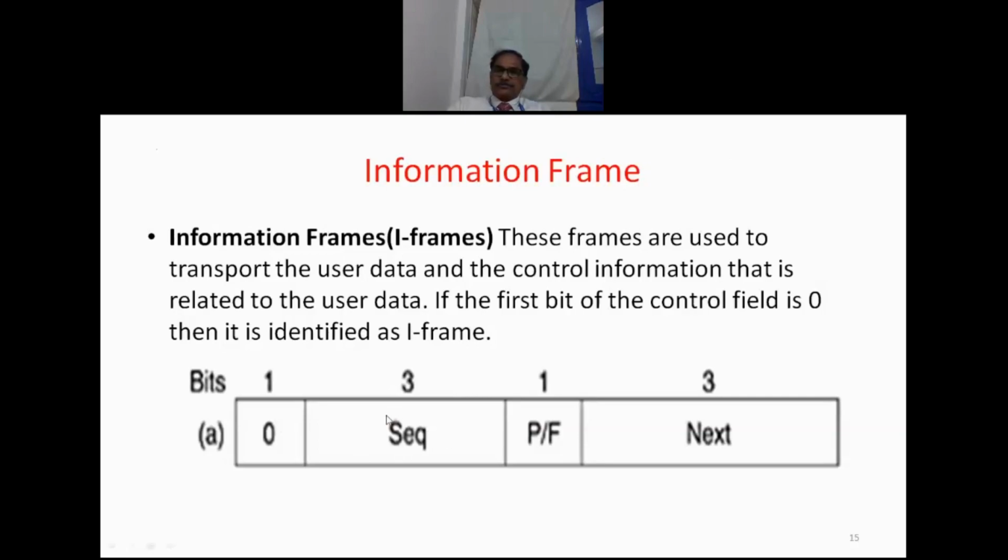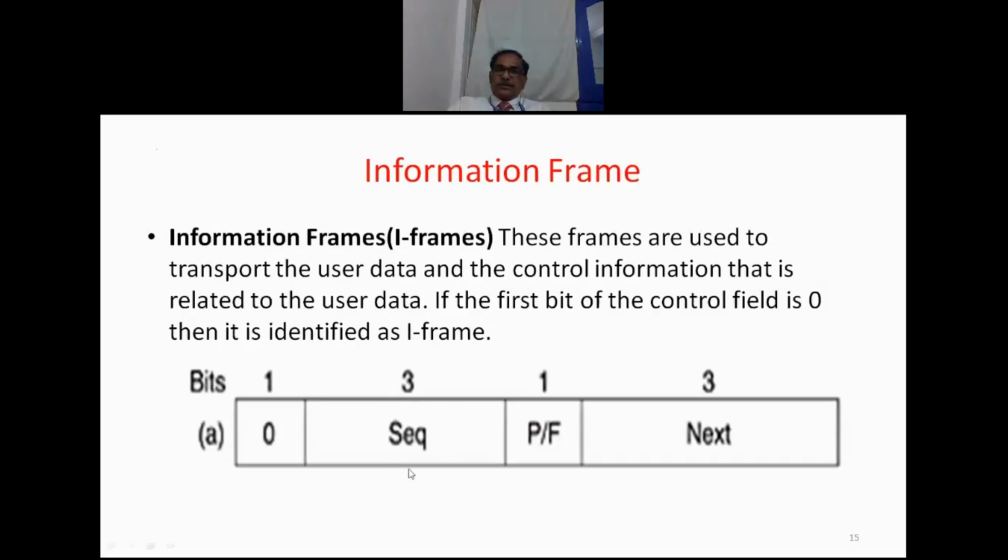The next 3 bits indicate the frame number being sent by the sender, so frame number 0 to 7. This sequence number indicates which frame the sender is sending and which frame the receiver is receiving.